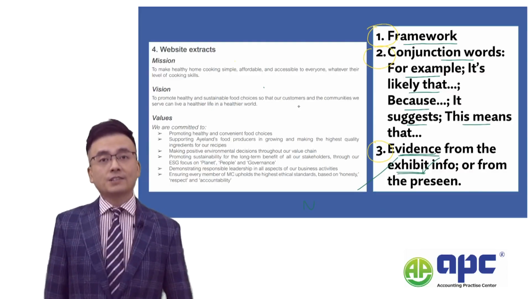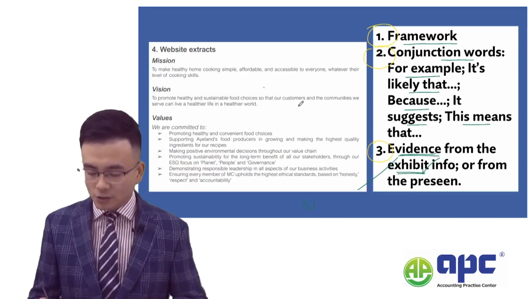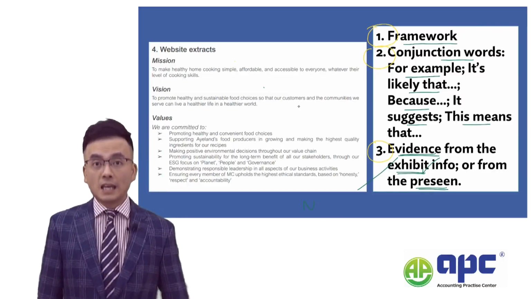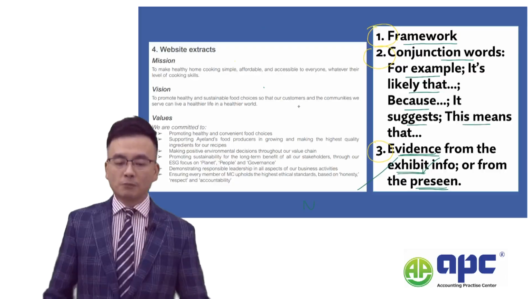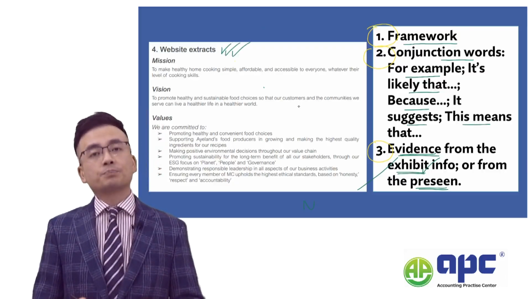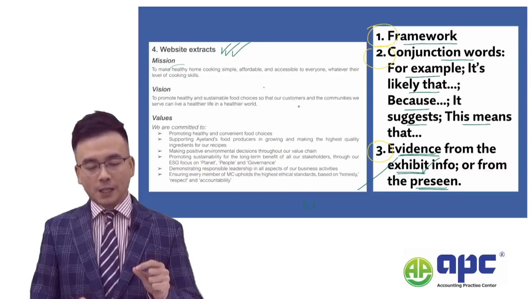So if that's the case, then I would highly recommend you to go back to the Preseen. Something that you can always say in your answer will be coming from the website extract on the left-hand side of your Preseen material, just to pick up the adjective from there.